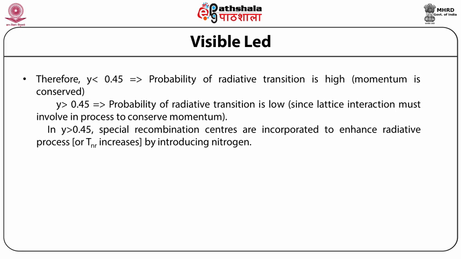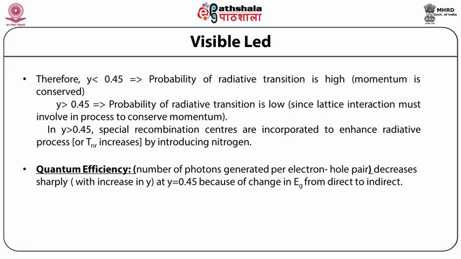Therefore, y less than 0.45 means the probability of radiative transition is high. For y greater than 0.45, the probability of radiative transition is low, and here recombination centers are incorporated to enhance the radiative process.